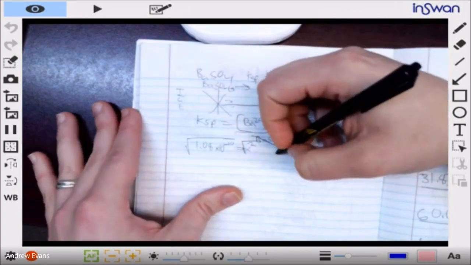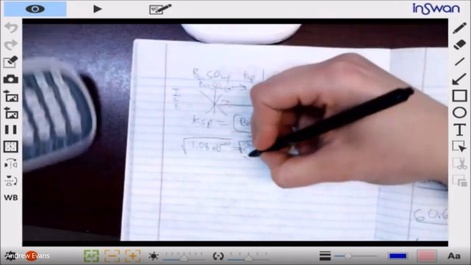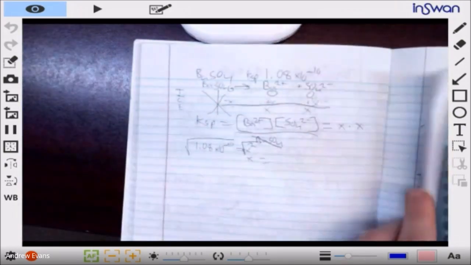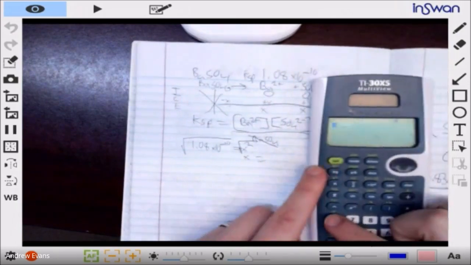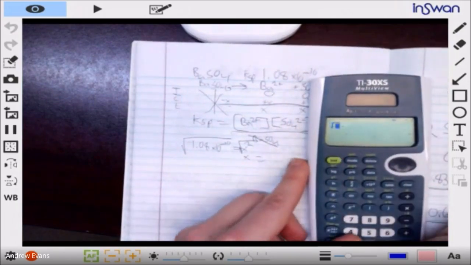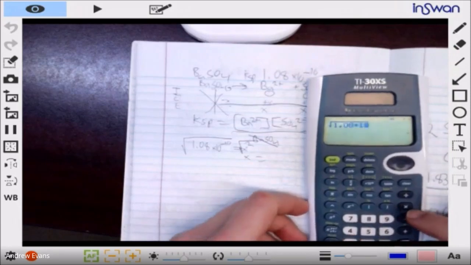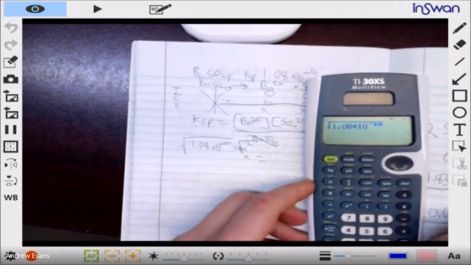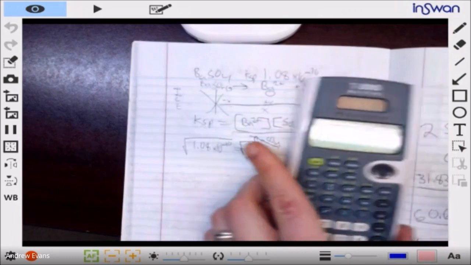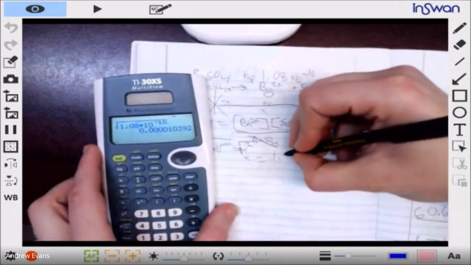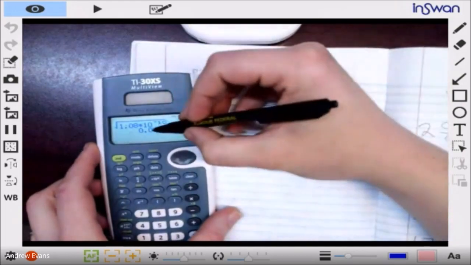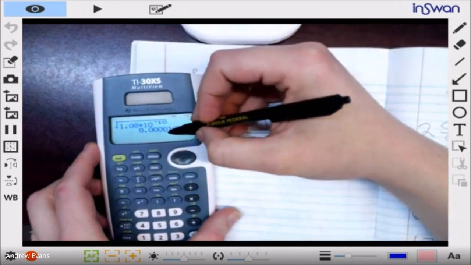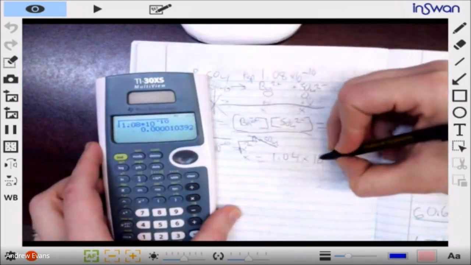You do that, and you're going to get x is equal to, so I happen to have a square root button, 1.08 times 10 root negative 10. It's going to give you 1.04 times 10 to the negative fifth.